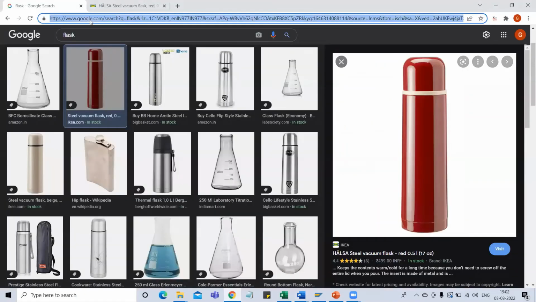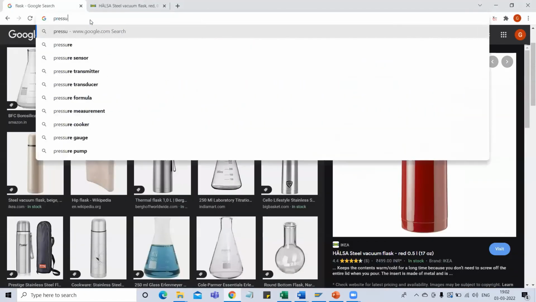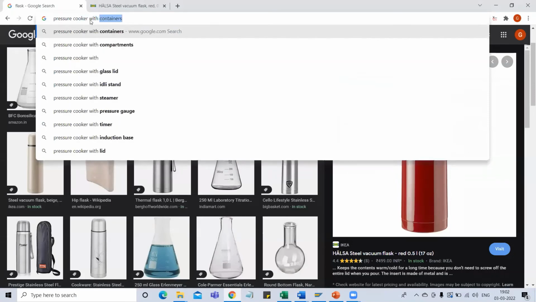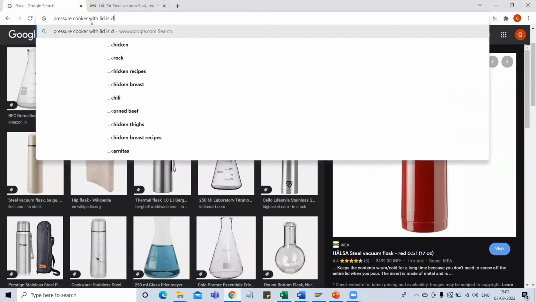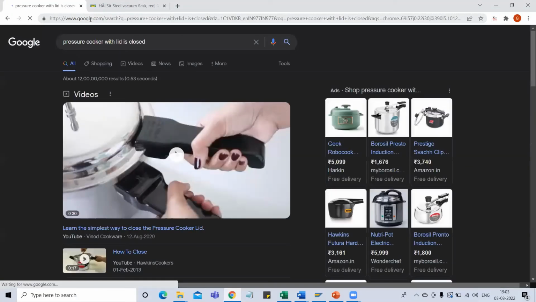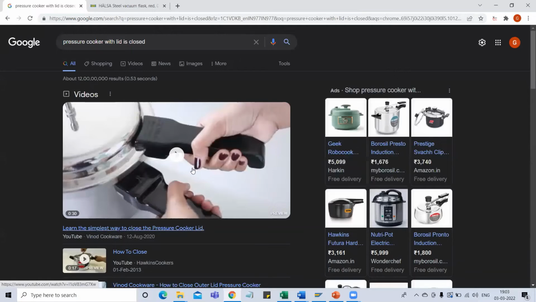Can you see the screen? Yes, sir. Pressure cooker with the lid closed. If you see the example picture, you'll understand better. Okay, let me open some pictures.